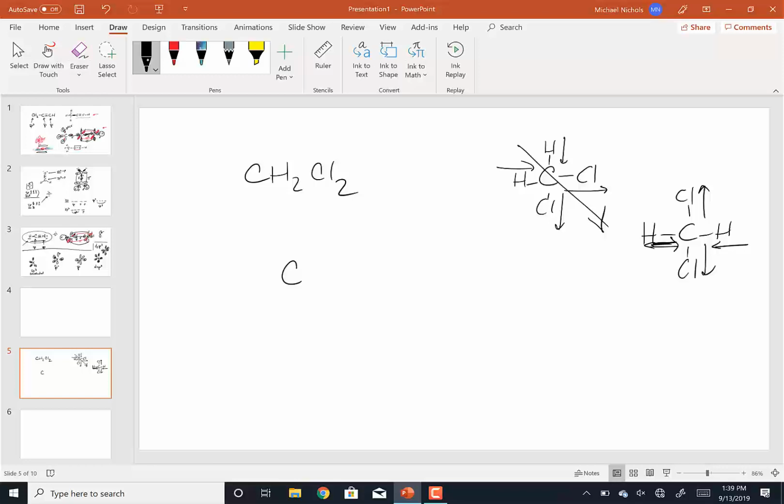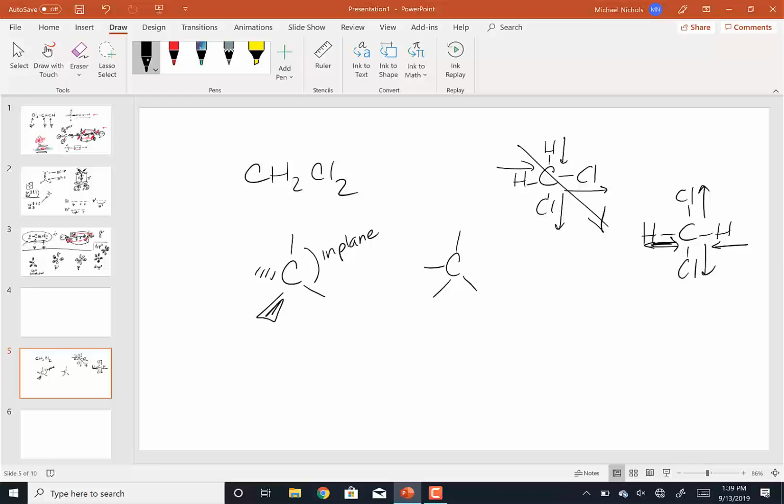We haven't talked about tetrahedral. Let me show you. How do you represent a tetrahedron in two-dimensional space? So far I've done it like this. Then you have to imagine that one of those bonds is towards you and one is away from you. So let's use these wedge things and make it explicit. When you have two regular bonds, they're in the plane of the paper, the board, the screen, whatever.